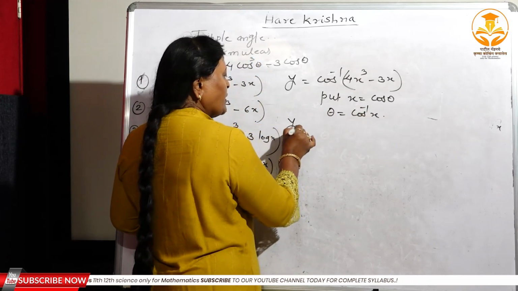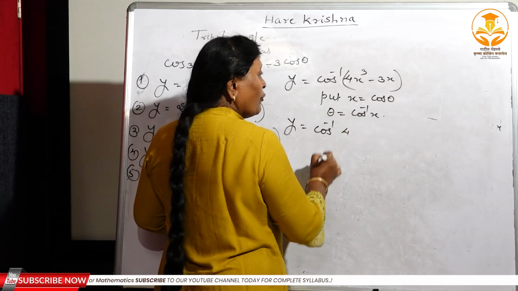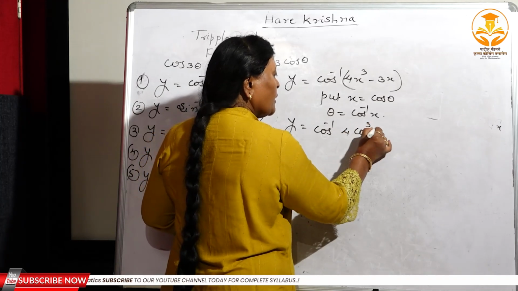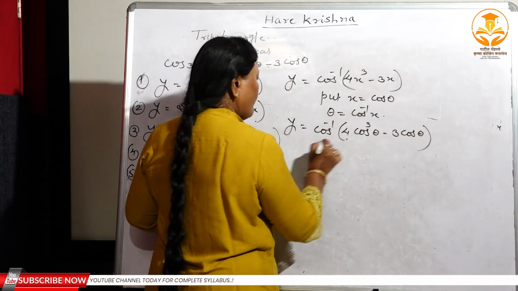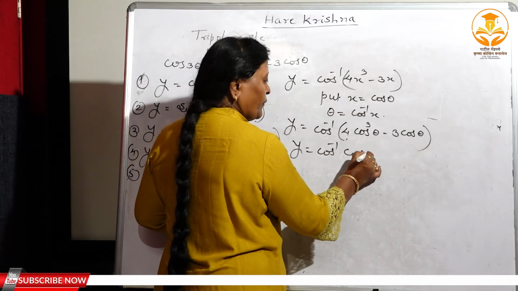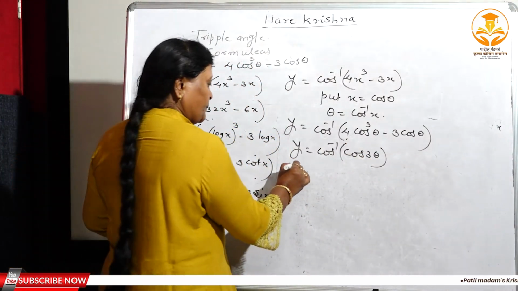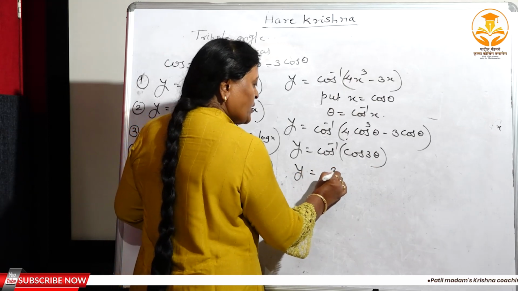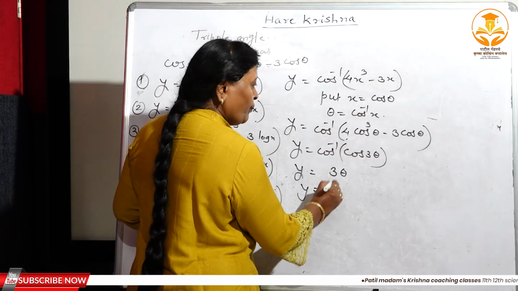Again, y is equal to cos inverse of 4 cos cube theta minus 3 cos theta. This is the formula of cos 3 theta. Again, cos inverse cos gets cancelled. What remains? 3 theta. Y is equal to 3 theta.